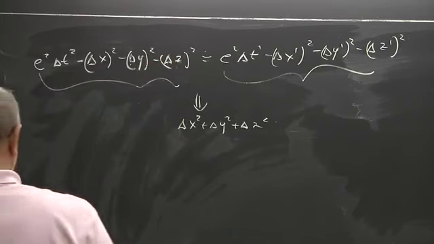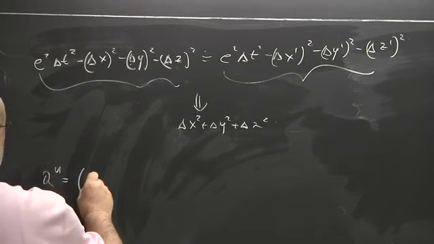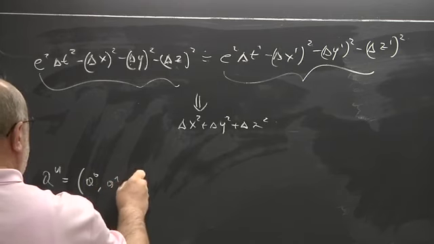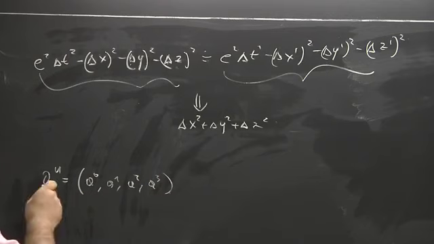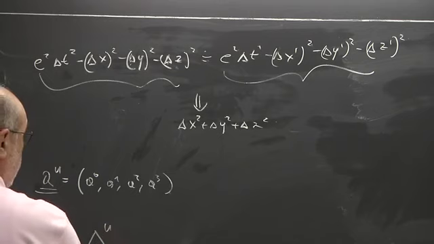That means you can have an object with 4 components, index mu, A0, A1, A2, and A3, and now you ask yourself, how does it change under a Lorentz transformation? So let's indicate the Lorentz transformation with a matrix.